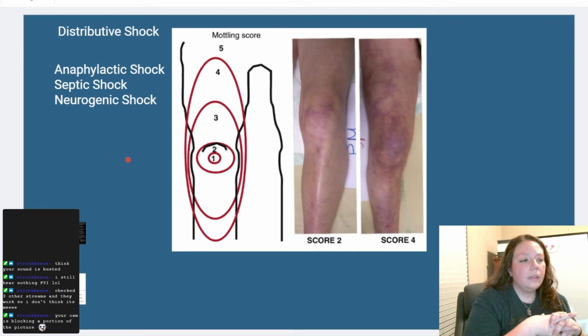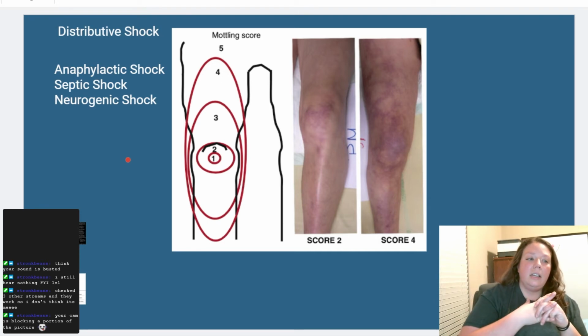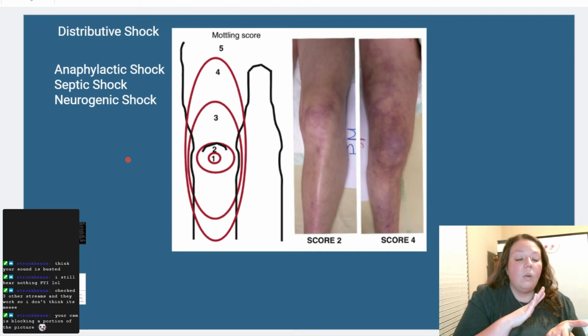Let's see. So treatment for septic shock. Number one is antibiotics. There are guidelines that the Centers for Medicare and Medicaid Services, CMS, puts out, and it's imperative that you get antibiotics into your patient as soon as possible.